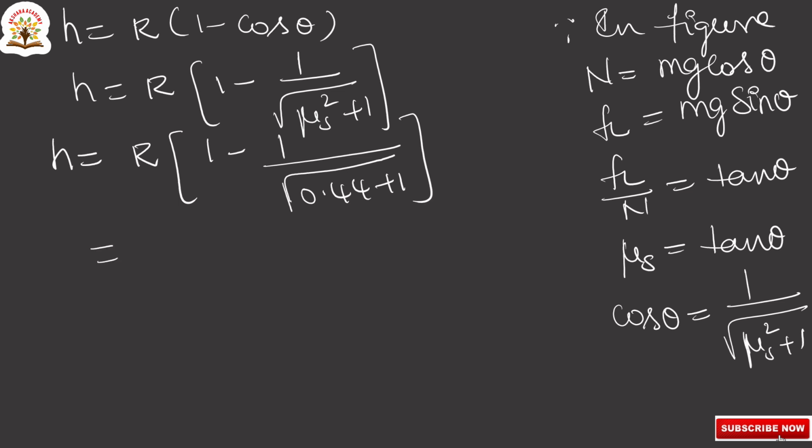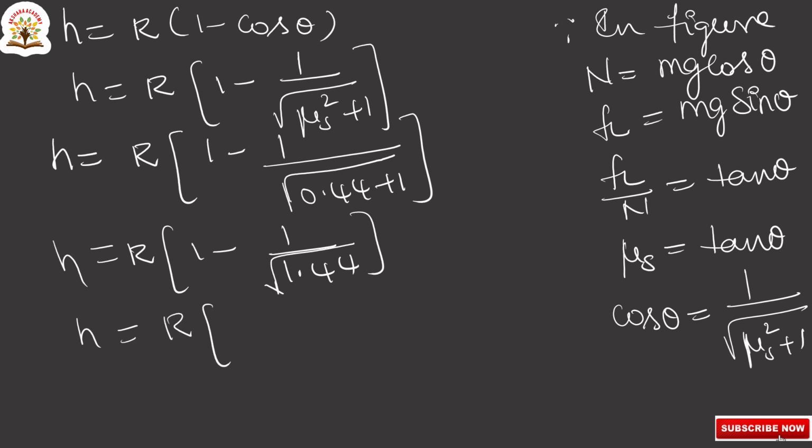This is equal to r of 1 minus 1 by 0.44 plus 1. It becomes 1.44 under root. So h is equal to r into 1 minus root of 1.414 gives 1.2.